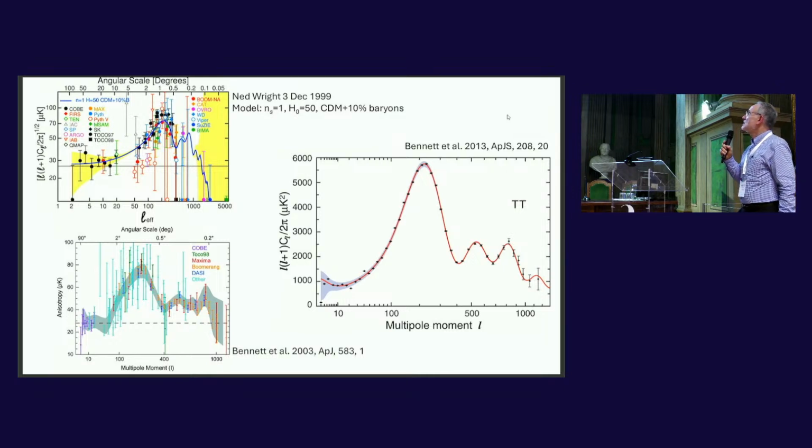And you can see there's a lot of scatter in the measurements. The other reason I wanted to show this is because the model that Ned put through this was ns equal 1, H0 was 50, and there was just cold dark matter and 10% baryons with no cosmological constant. And so that was his shot at it back then.